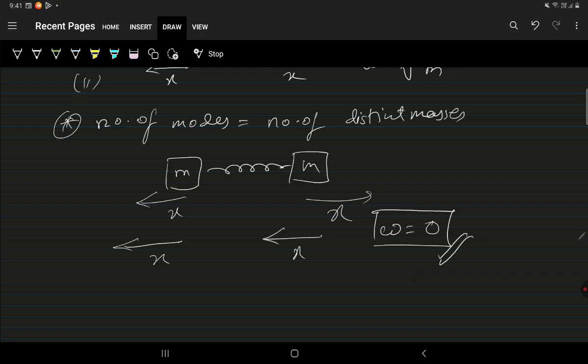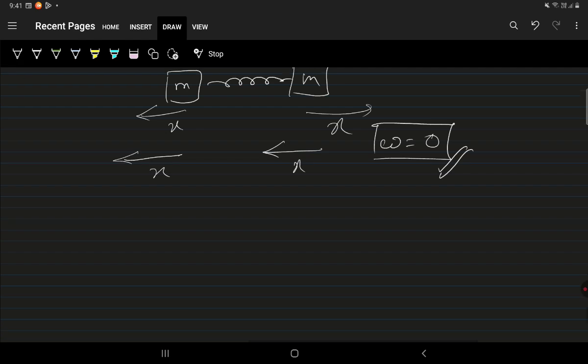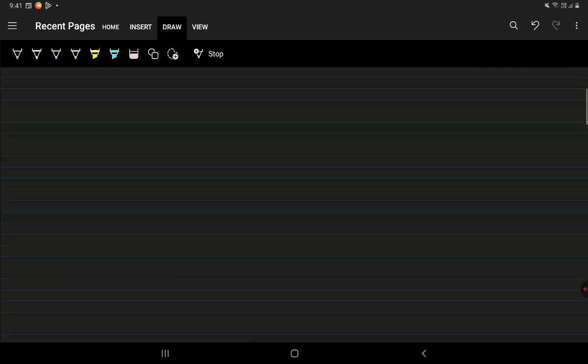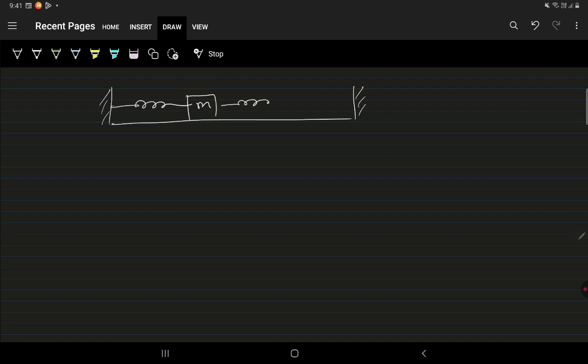Now how to find all such solutions? Let us discuss through a simple example. Suppose this is my system in consideration. Mass m, 3 springs of spring constant k. Suppose I consider this to be the origin and I displace one block by x1 and the other block by x2.